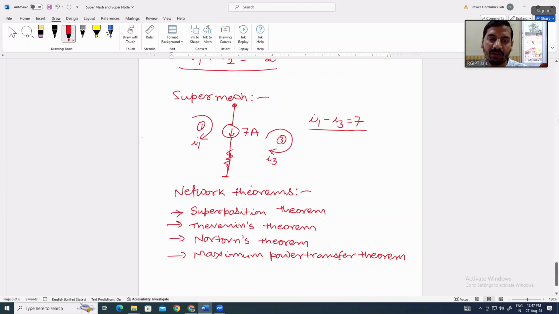In that also you may have to apply these theorems, and that will simplify the circuit and you can get your answer easily.